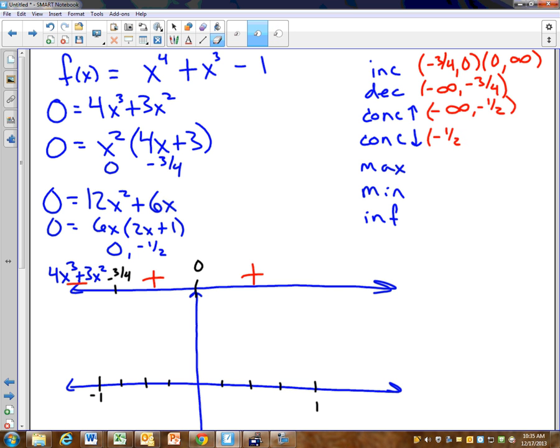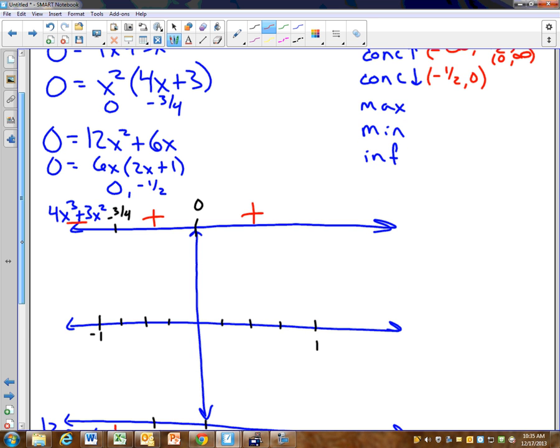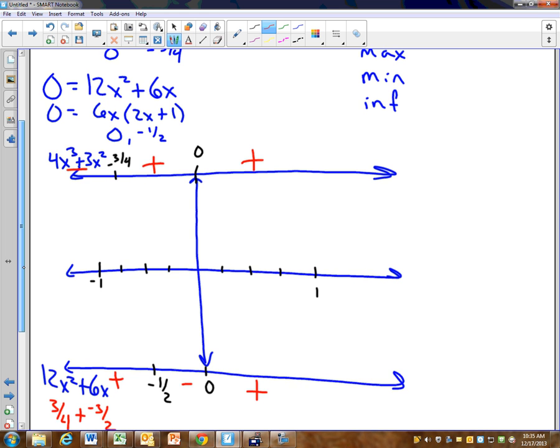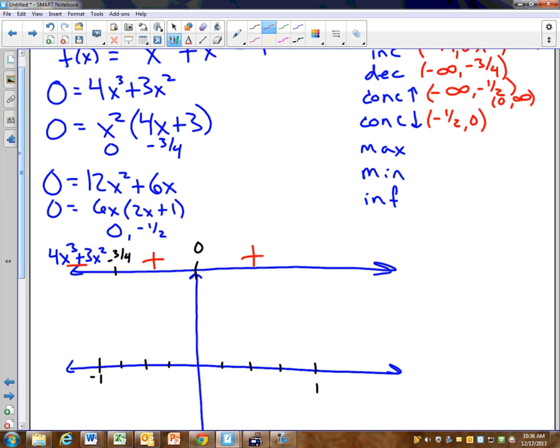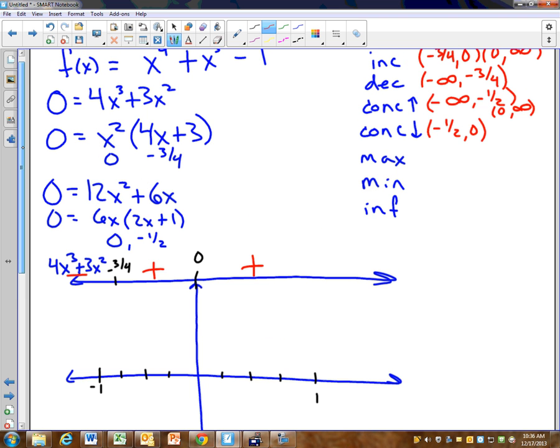And then you also have concave up from 0 to infinity. Ask the question. For concave up, yep, there are 2 sections where it's concave up.